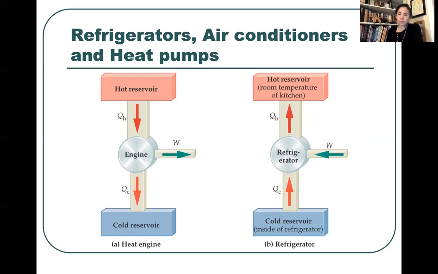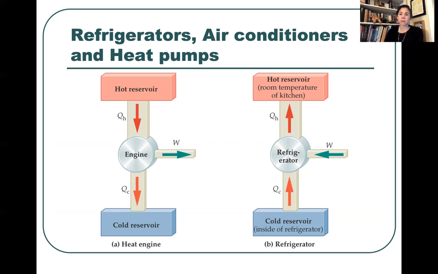In order for this process to be reversed, you can see that now the work is not performed by the engine. It's actually where the work is being done to reverse the flow of heat. And the cold reservoir, which is actually the one that is interesting in this case, is the inside of the refrigerator.